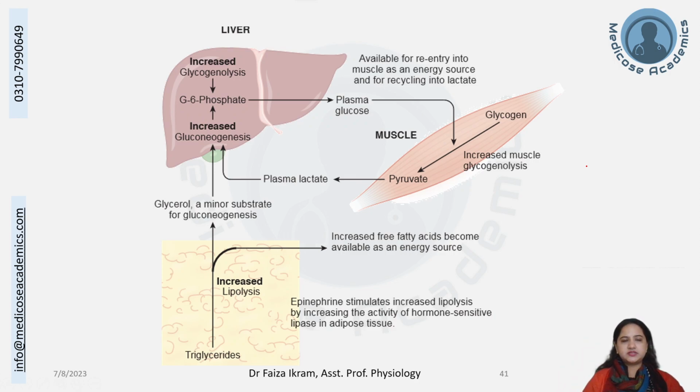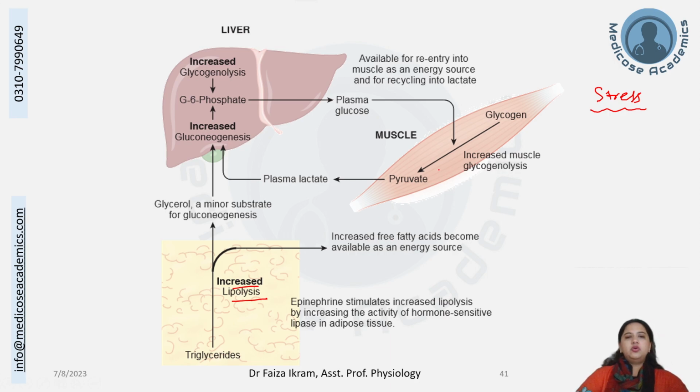Metabolic functions, if we see from epinephrine, so let's see what happens. Again it is going to provide the substrates at the time of stress. So mostly it is going to do what cortisol did. It is going to increase the lipolysis. Instead of storing the fats, it will lead to availability of fats for production of energy.